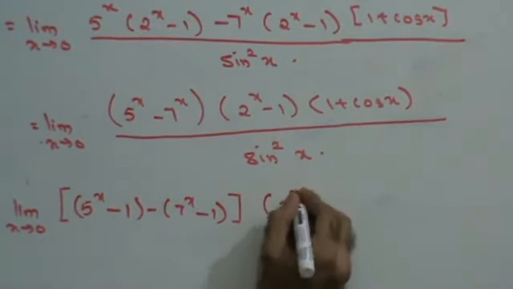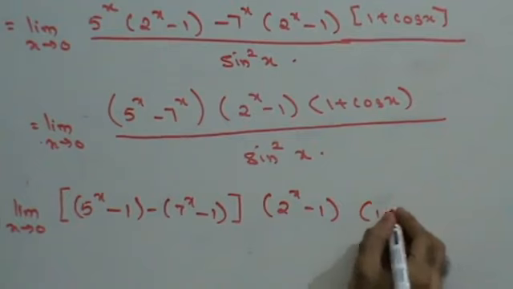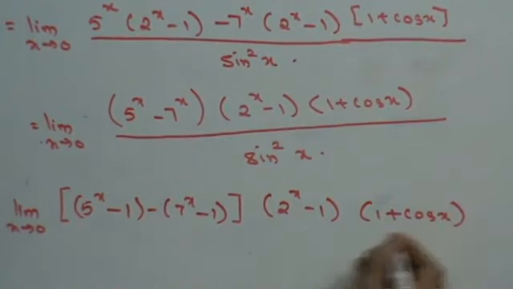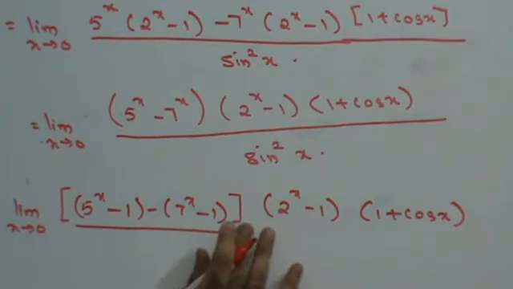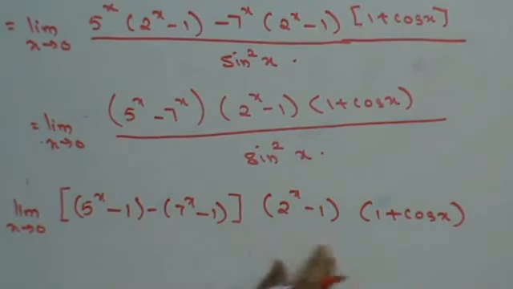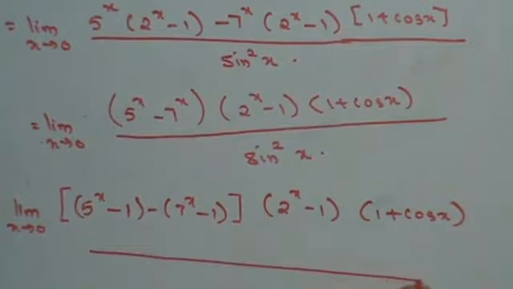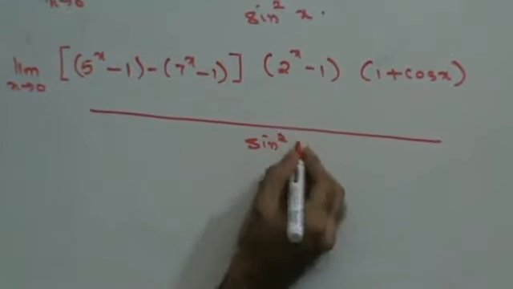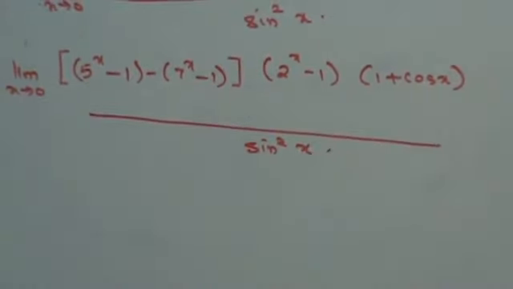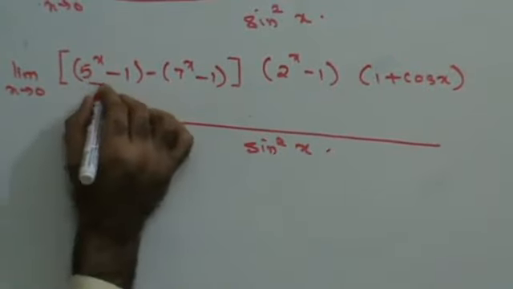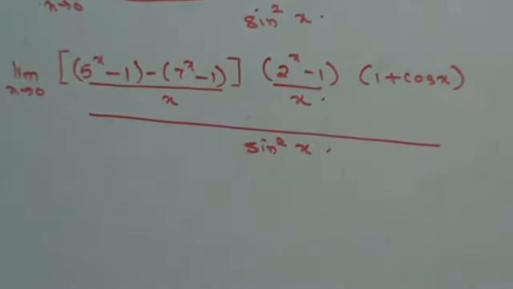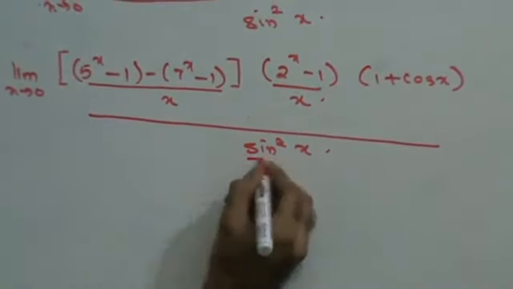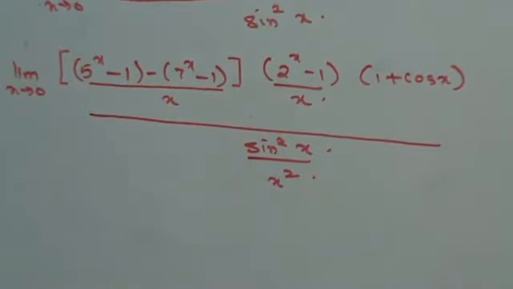This is 2 raised to x minus 1, 1 plus cos x upon sine square x. Divide the numerator by x square, divide the denominator by x square. 1x I will write here, 1x I will write here.